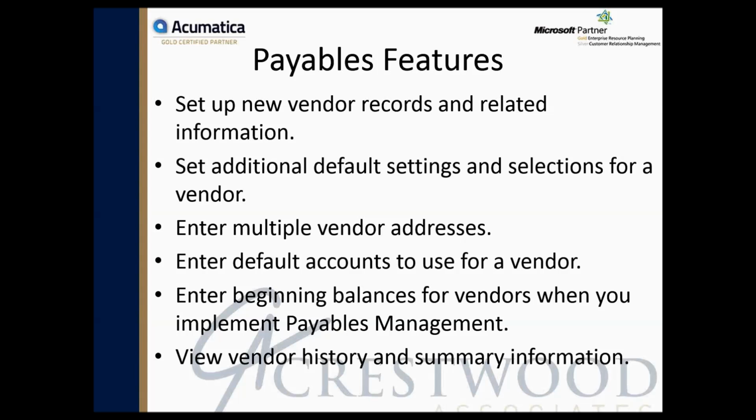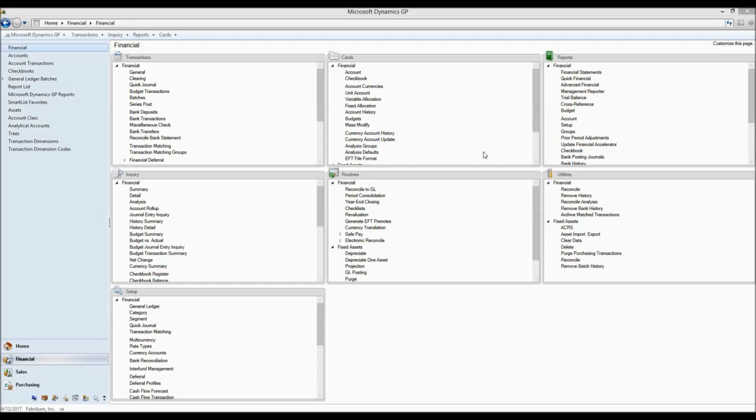You can enter beginning balances for vendors when you implement payables management. You can also view vendor history and summary information. So with that being said, I'm going to take us over to Great Plains, and I'm going to show you the vendor card and how all of that information is handled on your vendor card.